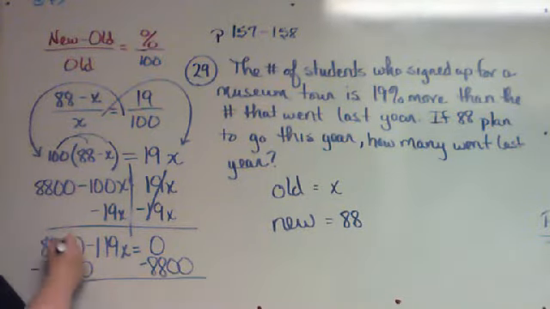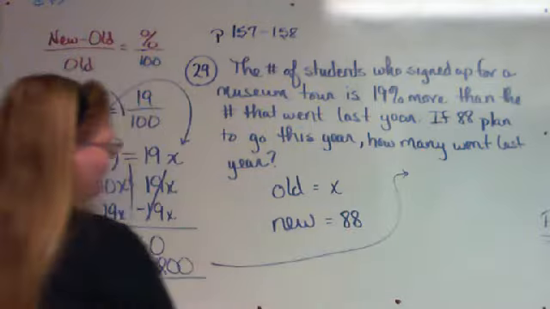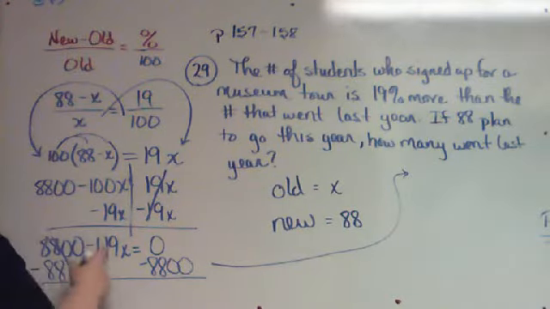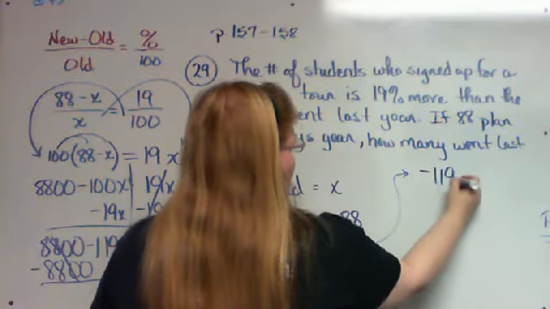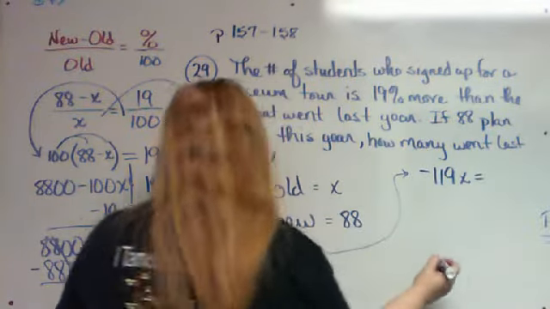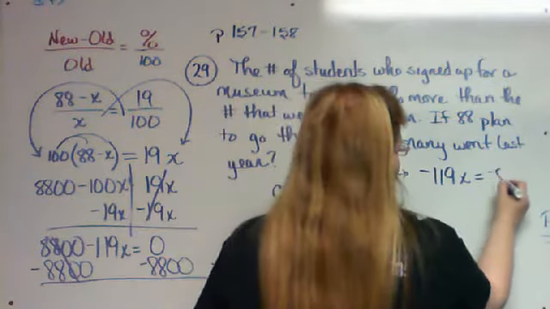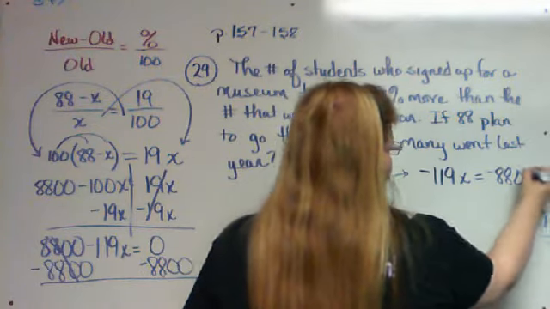I'll finish it over here. Which means on this side I'm left with negative 119x is equal to negative 8,800.